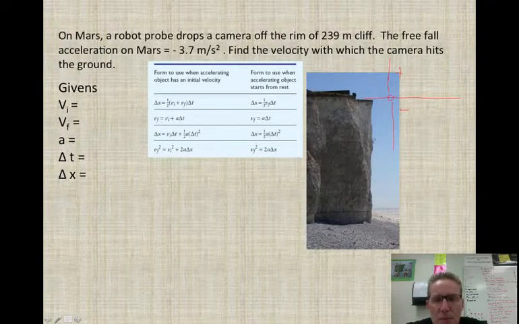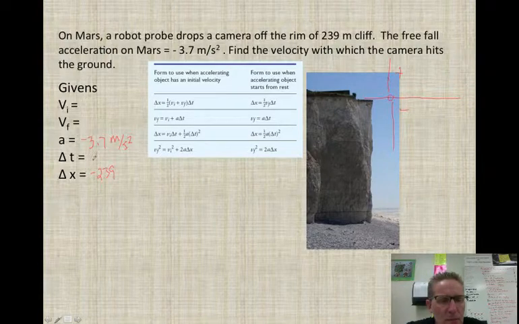Since we have a 239-meter cliff and the origin is at the top of it, to fall down, that would be a negative 239. And acceleration due to gravity is negative 3.7 in this case, because we are on another planet that doesn't have the same gravity as Earth. So that's why that's different in this problem.